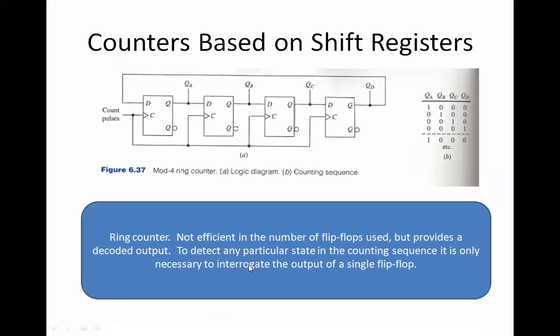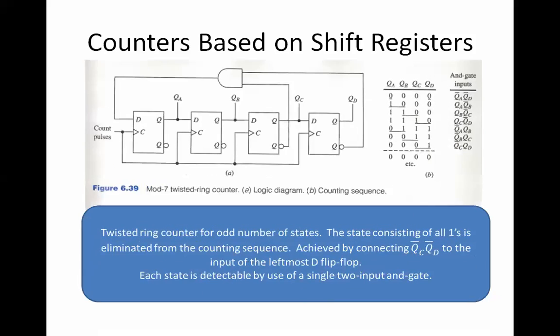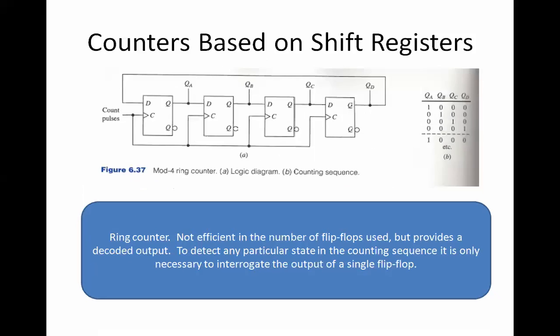Fine. The most repeated questions are these shift registers, counters which are based on shift registers. Here we have ring counter, then mod 8 twisted ring counter, and mod 7 twisted ring counter. We will look at these one by one and try to understand what they are. As the name suggests, these counters are built based on shift registers.